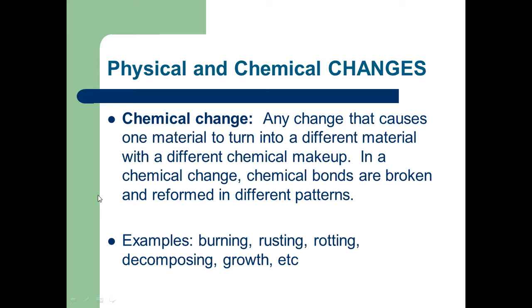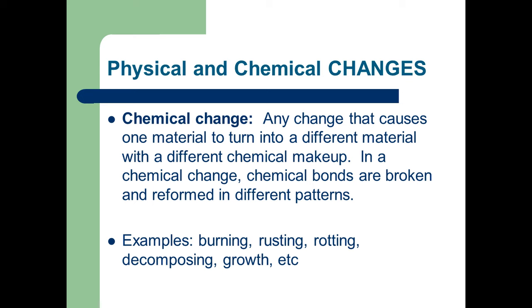So some examples: when you burn something, that is a sign of a chemical change. Rust forming on a bicycle tire or wheel or on some piece of metal that's been left out wet, that's a chemical change. There are actual atoms rearranging, new substances being formed.